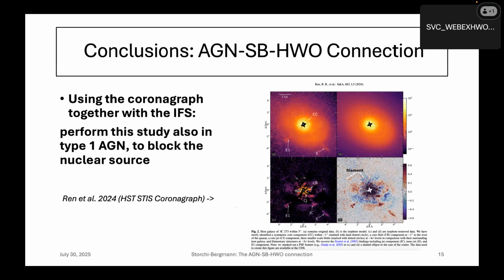I found this paper, which somebody suggested to me on Slack, that used the STIS coronagraph to do this kind of study, where you can see not only star formation but all kinds of structures in type 1 AGN that are blinded by the glare of the nucleus. Okay, thank you very much.